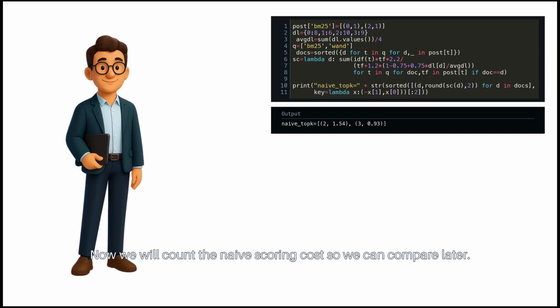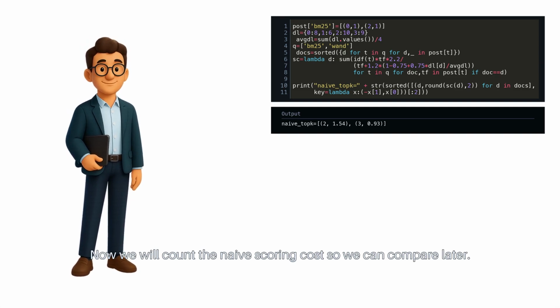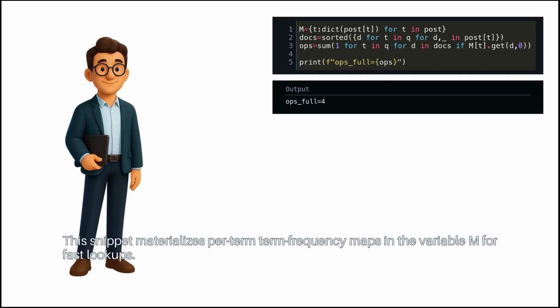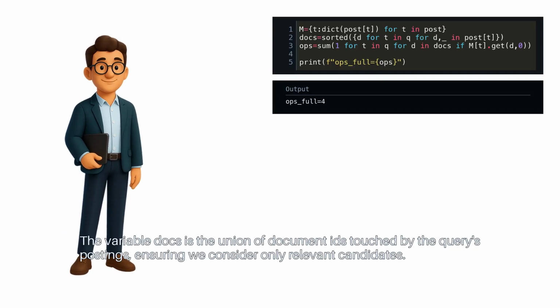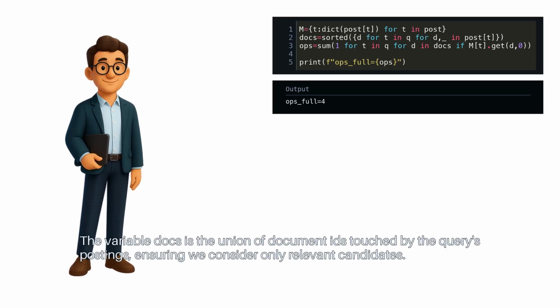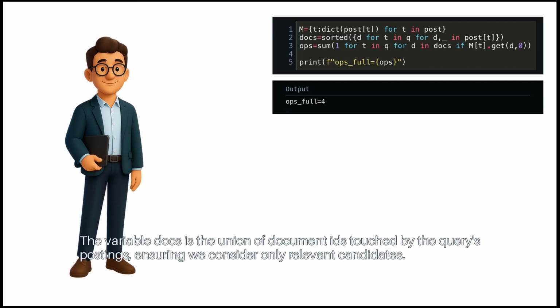Now we will count the naive scoring cost so we can compare later. This snippet materializes per term frequency maps in the variable m for fast lookups. The variable docs is the union of document IDs touched by the query's postings, ensuring we consider only relevant candidates.